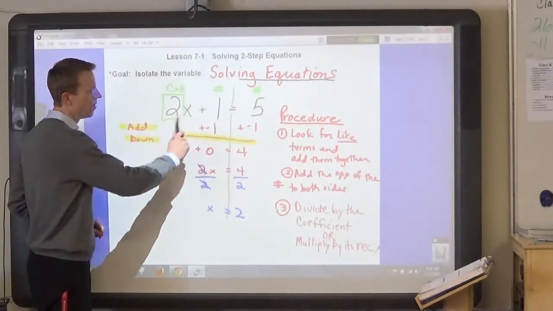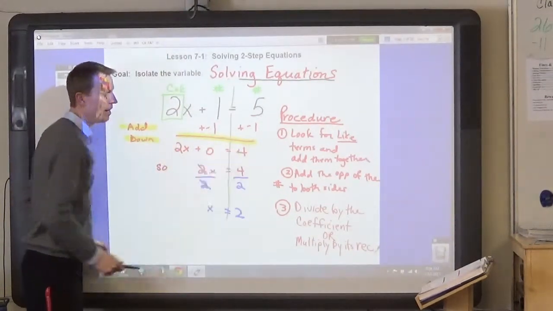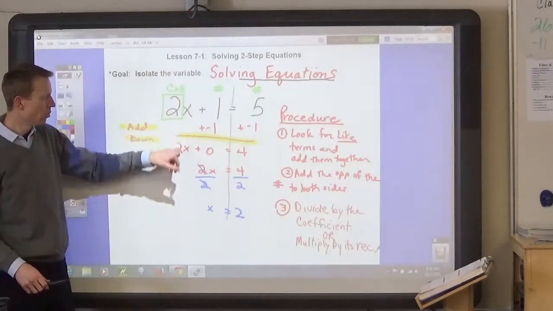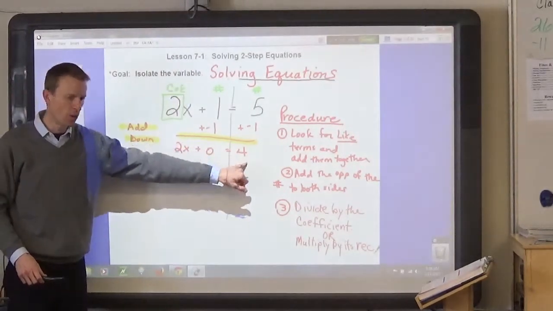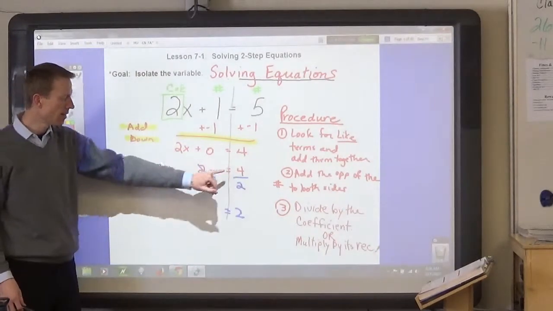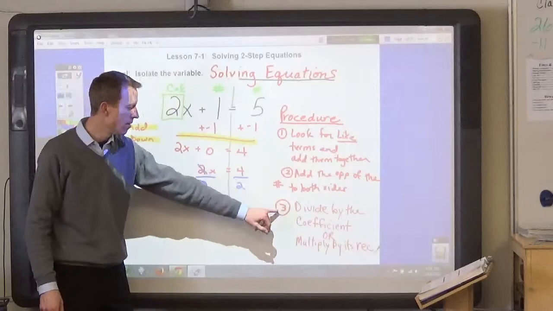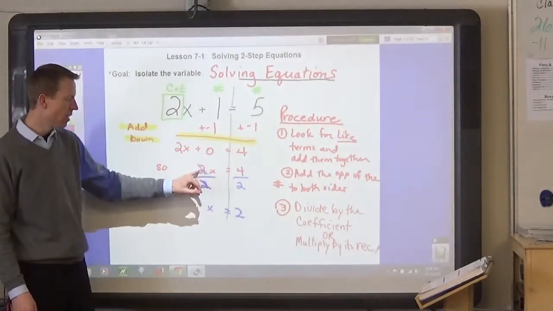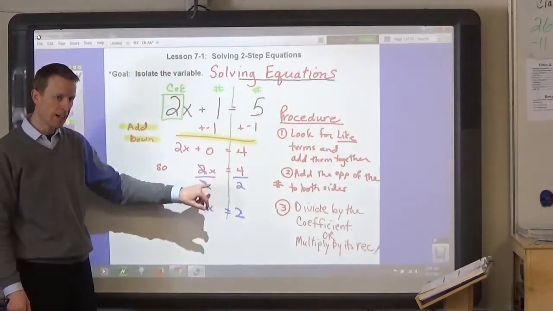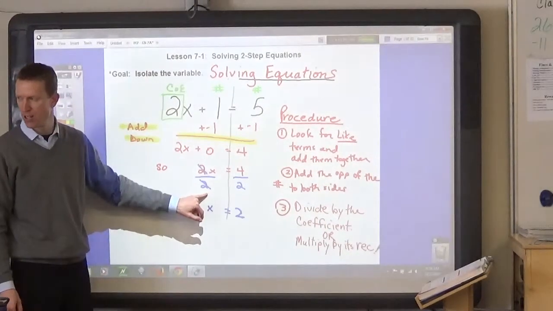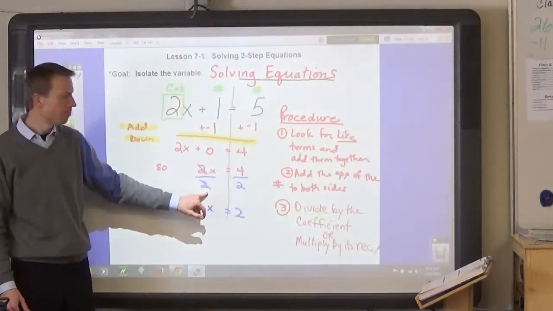So then, we draw this line to show the equal sign. We're going to add down, bring down the 2x. 2x plus 0 equals 4. That means 2x equals 4. Then, you can get the x term by itself. Either divide by the coefficient. If it's a whole number or a decimal, you can divide.